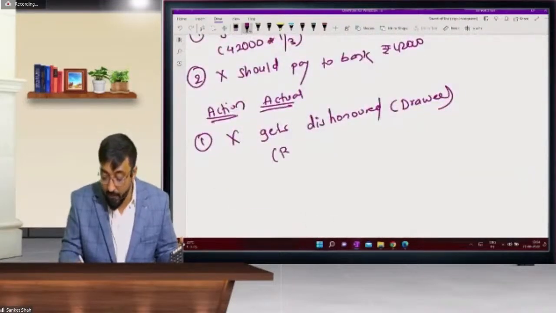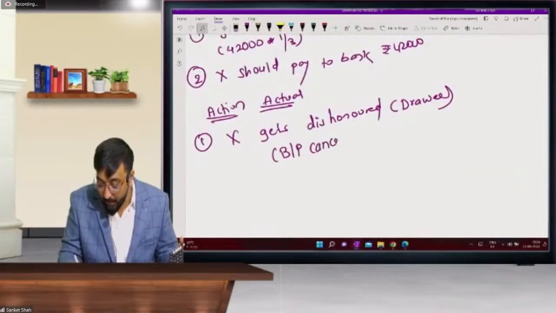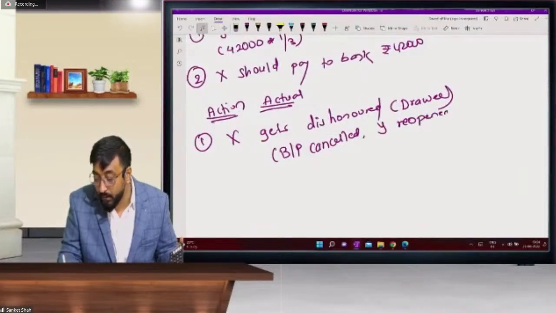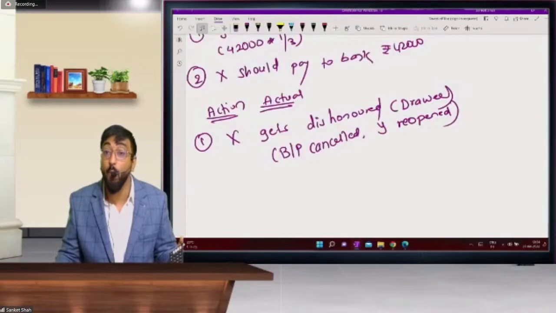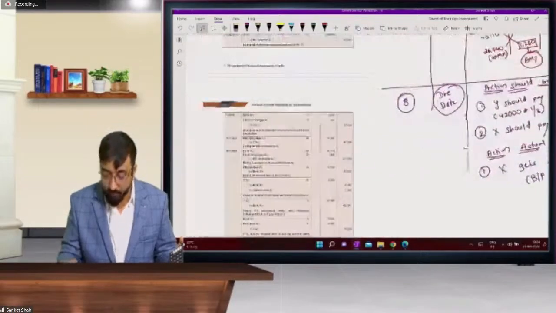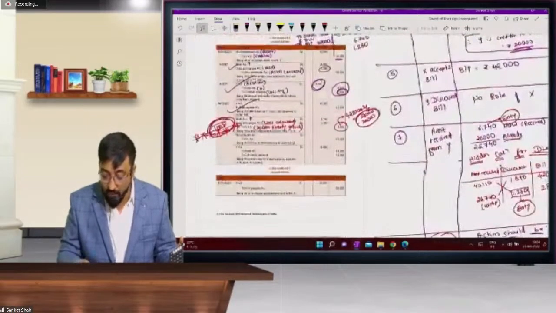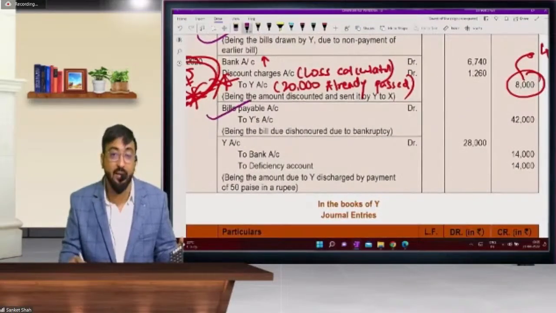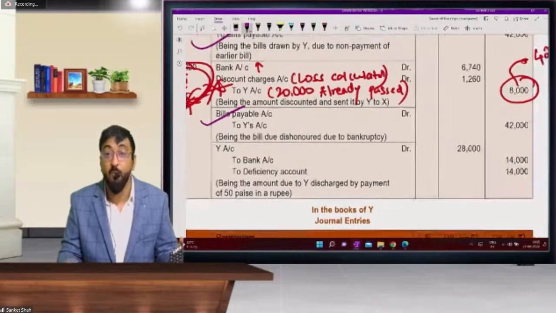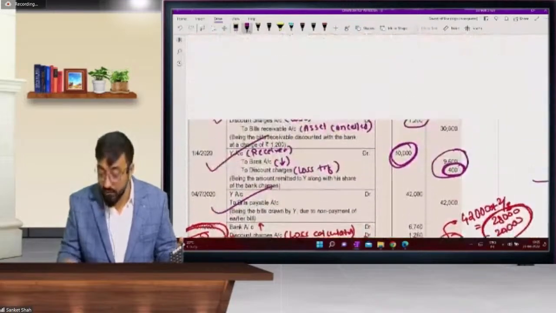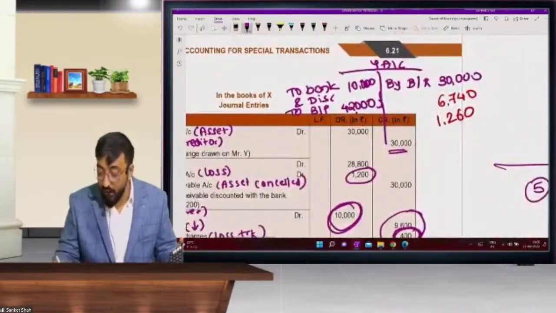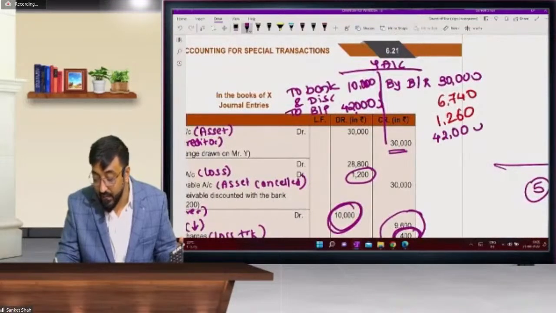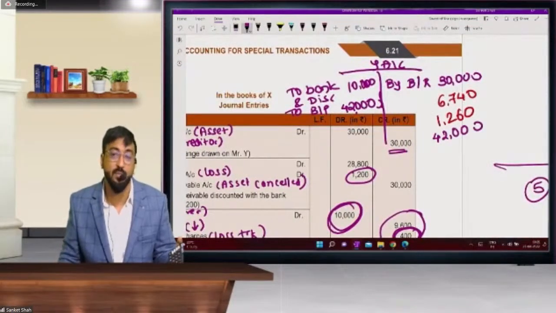Bills payable cancelled and Y reopened. Y reopen हो जाएगा. So entry will be bills payable account debit to Y. Dishonor entry 42,000 and Y को हम लोग करेंगे क्रेडिट 42,000.